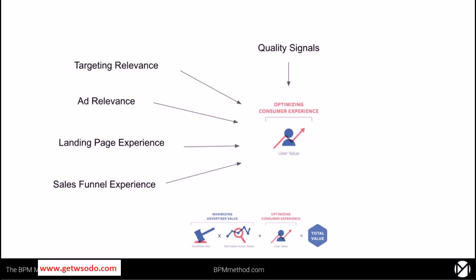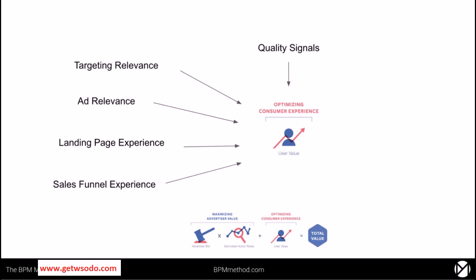Then it comes down to what kind of signals you are sending back from the user. So high click-through rates, low X-out rate. So people clicking, I don't want to hear from this advertiser, I don't want to see this ad, for example. The targeting relevance, ad quality, landing page experience, sales funnel, that all comes into it. And that's why the BPM method is built on these principles.